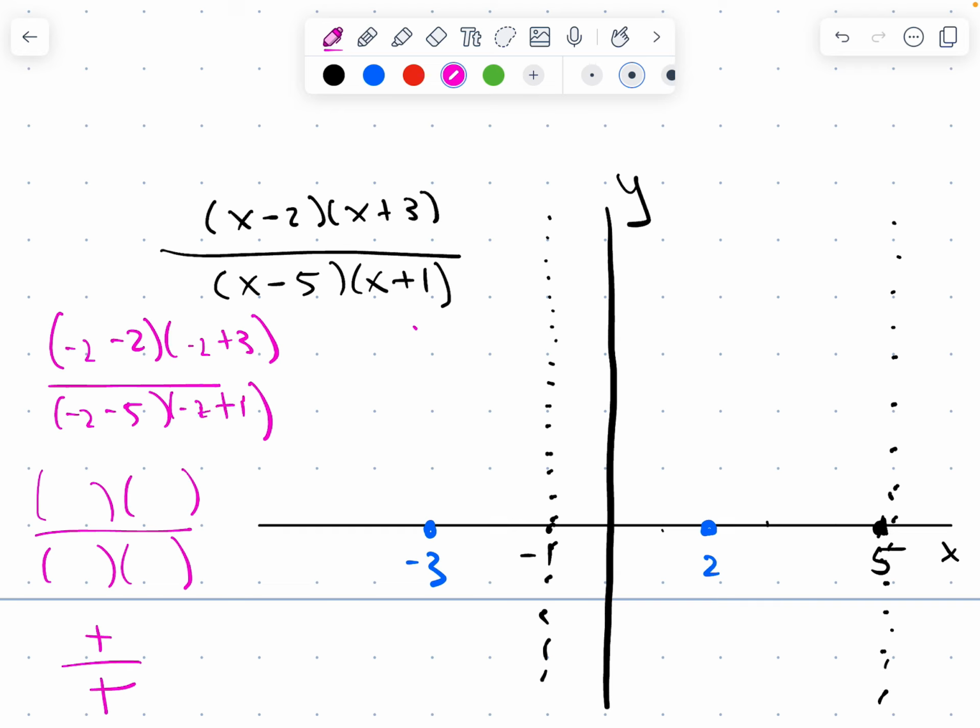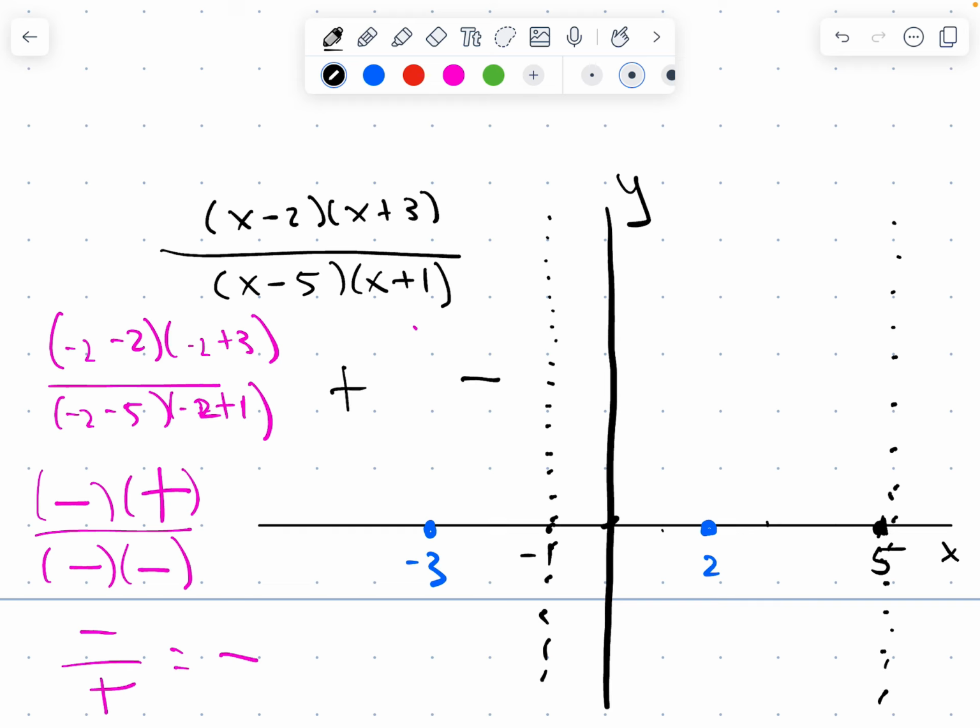All right, so negative 2 minus 2 is negative. Negative 2 plus 3 is positive. Negative 2 minus 5 is negative. Negative 2 plus 1 is negative. So now on the top, a negative and a positive becomes a negative. A negative divided by a positive is a negative. So now this region was positive. This region is negative.